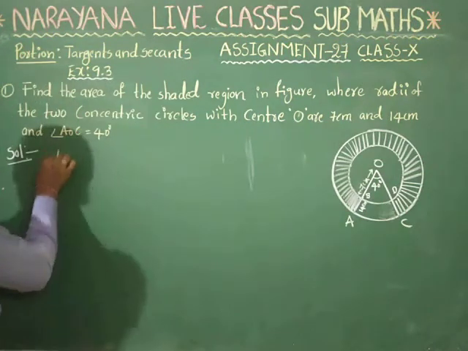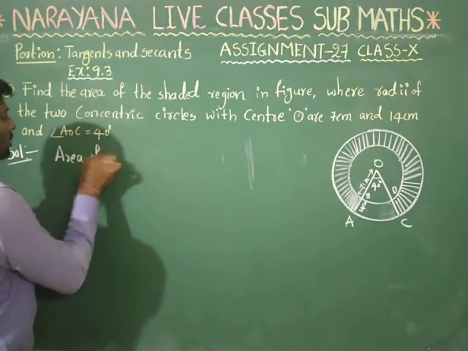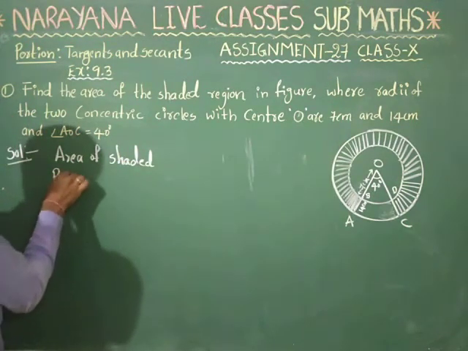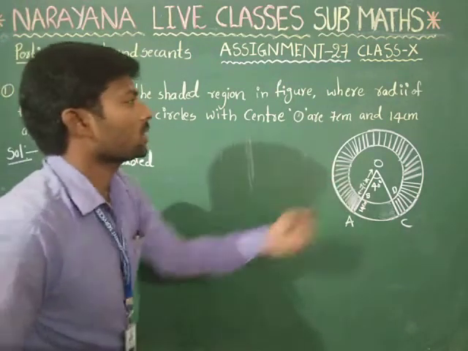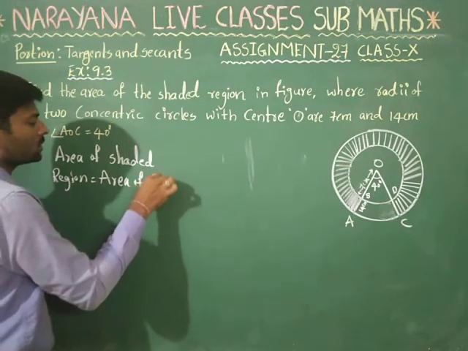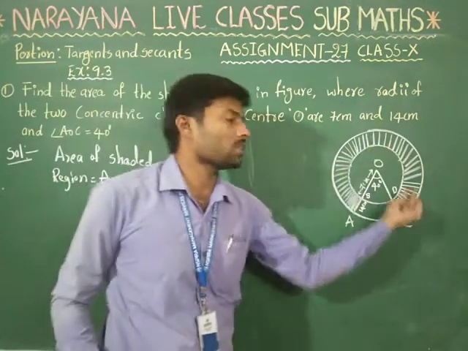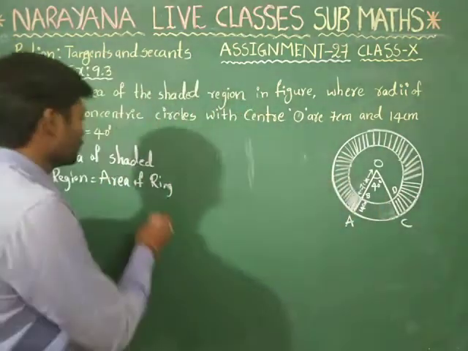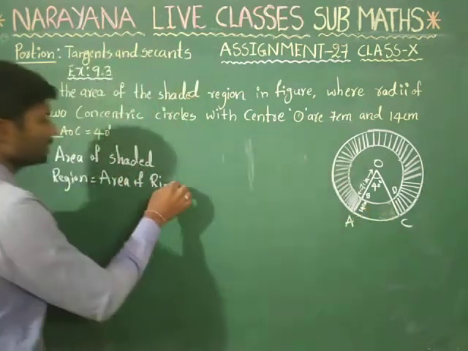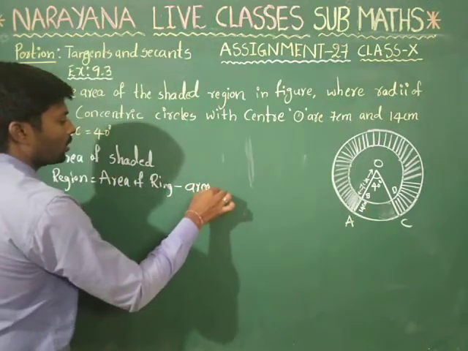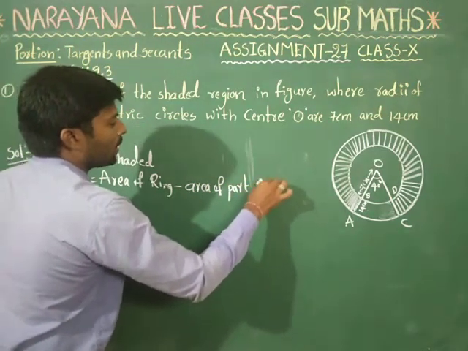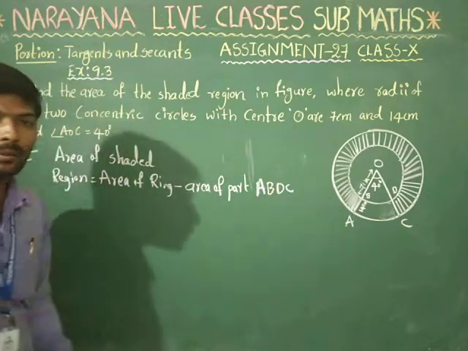The shaded region can be obtained by taking two parts: the area of the ring, which is the shape of this shaded part, and then we have to subtract the area of the part ABDC.